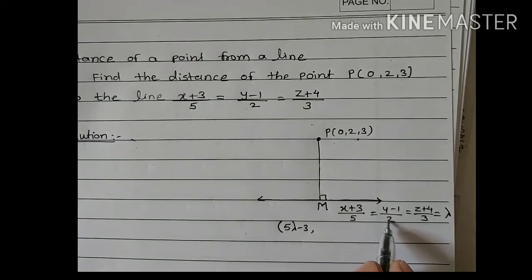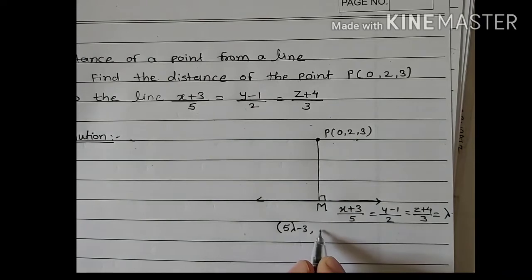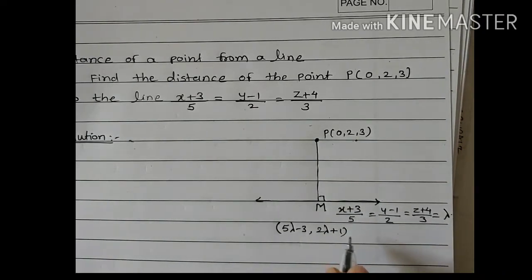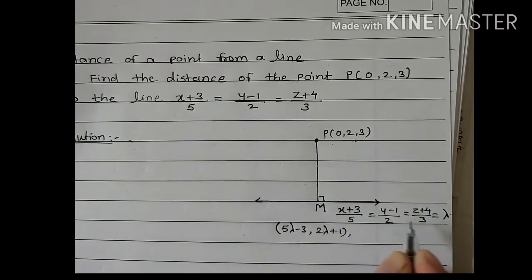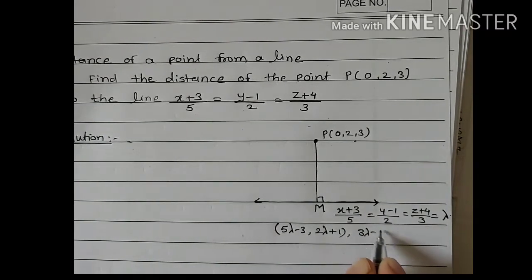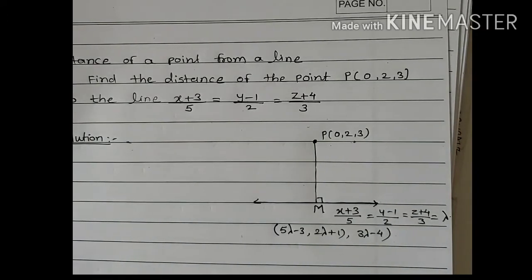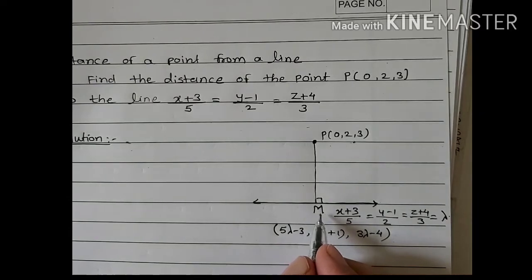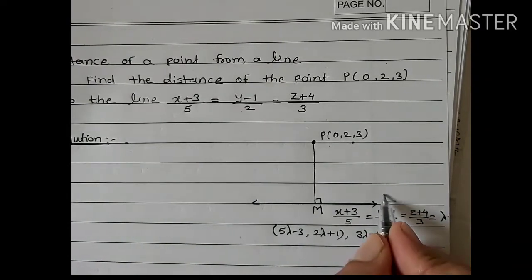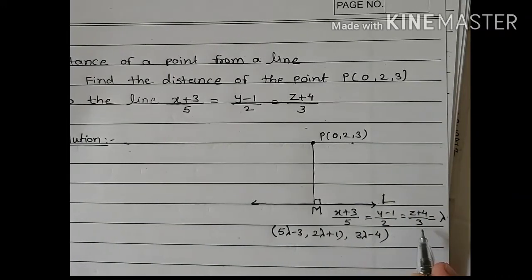Y coordinate value 2 times of lambda minus 1 shifted, it become plus. So 2 lambda plus 1. Next, value for z coordinate 3 times lambda minus of 4. Value for x, y and z coordinates are obtained for point M. And line L, it having direction ratios 5, 2 and 3.